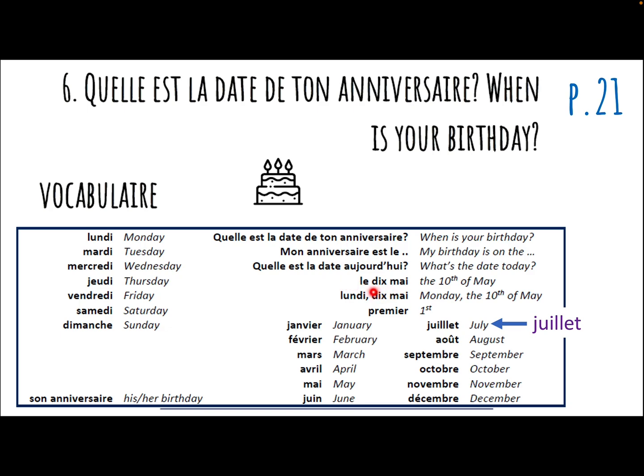We don't have to say 10th or 2nd and so on. But when we're talking about the first, and it's a date, then we would say the word première, okay? And this word you probably have heard in English or used in English already, so it kind of implies it's the first of something. So you would need to change the word un for première if you're talking about a date.